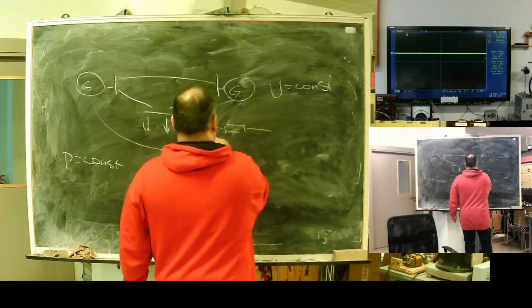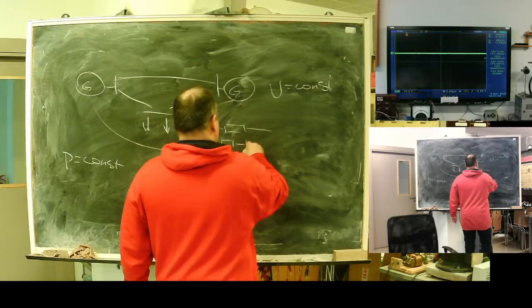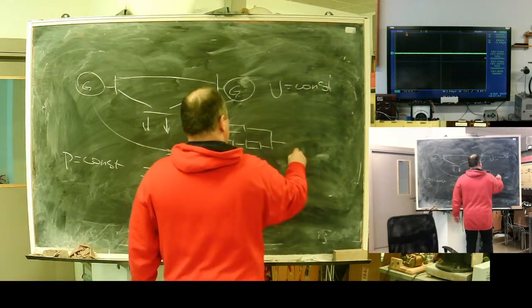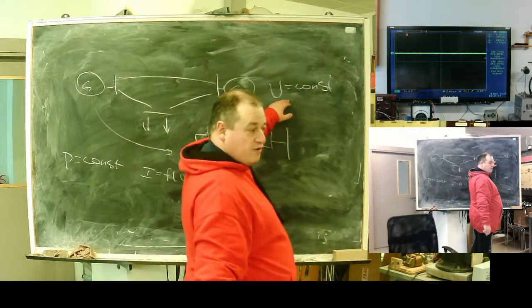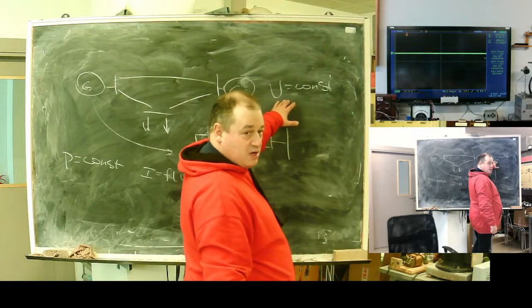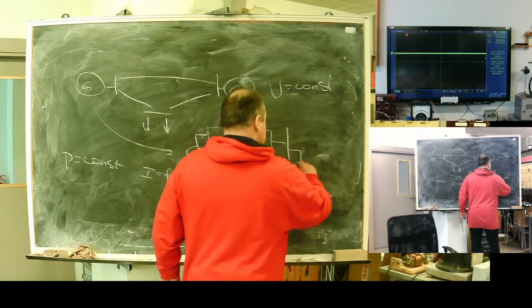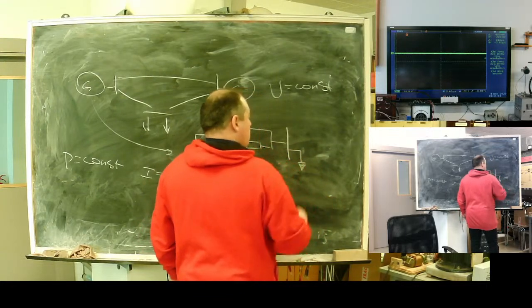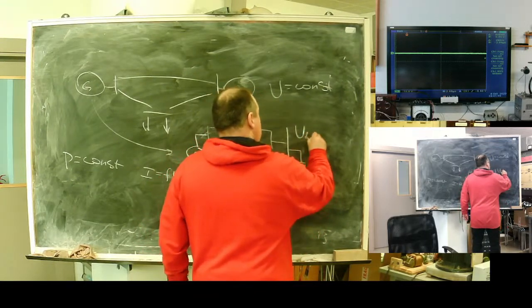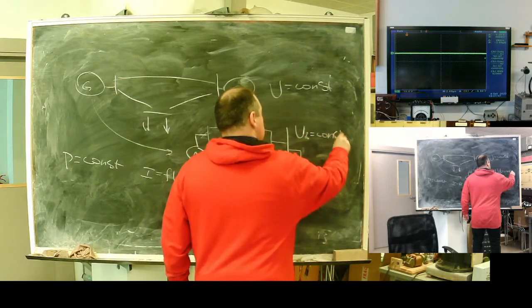Lines will be resistance, but this one controlling will act as a so-called slack bus or balancing node. I will mark it with a triangle.